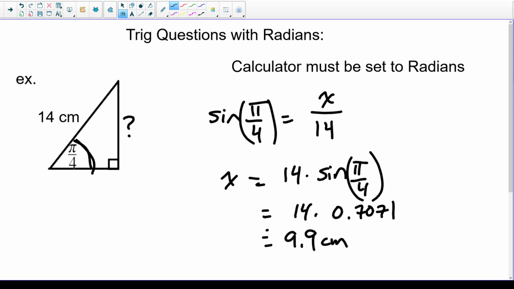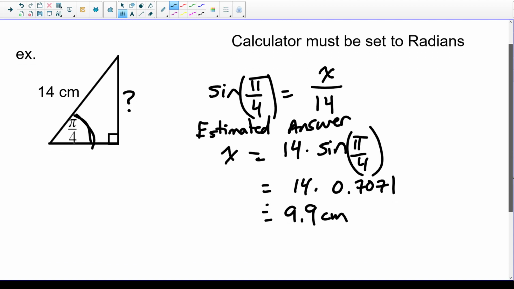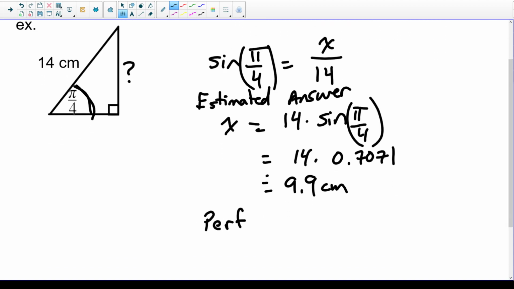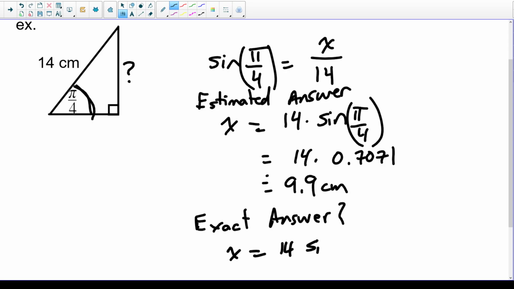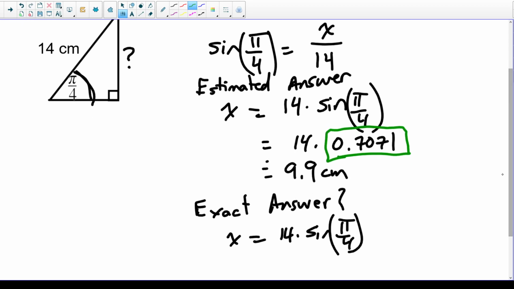Now that is an estimated answer, because I rounded it off. But what if I asked you for the perfect or exact answer? When you do 14 times sine of pi over 4, I'm wondering, because I've mentioned this number before here, folks, what fraction is 0.7071 on our magic circle?